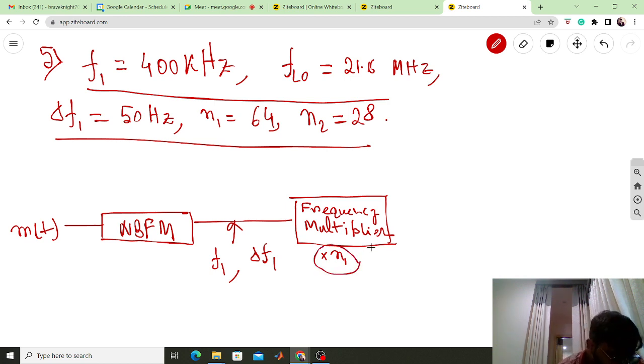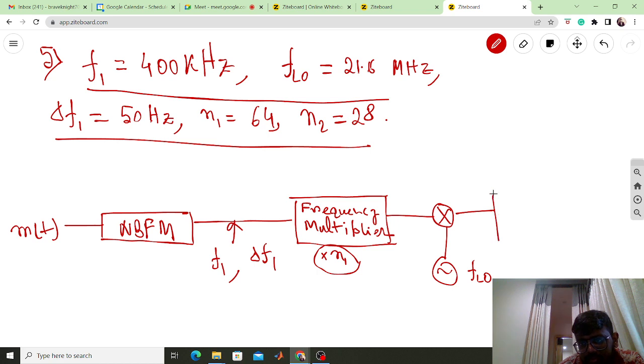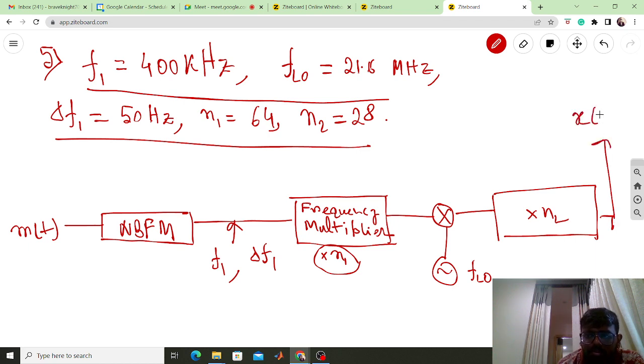Then there is another modulator. This is the frequency that is coming, like FLO. Then there is another frequency multiplier, but this time with N2. The output is x(t).